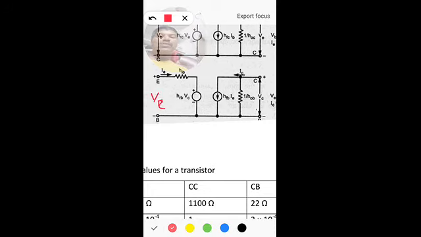VE is equal to HIB. So the second subscript indicates the configuration. So HI for input, by adding the second subscript according to the configuration, becomes HIB.